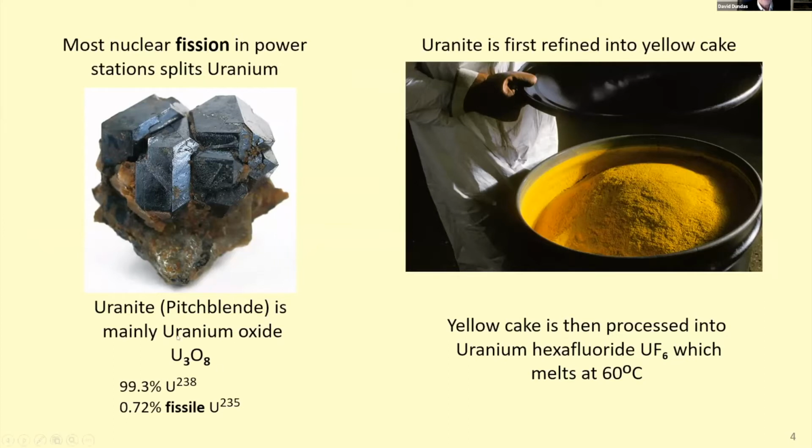It's on the left there, a very nice crystal example of pitchblende. That is refined, purified, cleaned up, and becomes yellow cake. It's still uranium oxide, and this material melts at quite low temperatures. So it's melted, and then that becomes a gas.